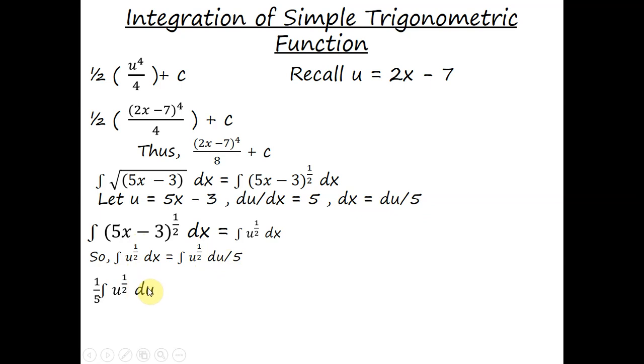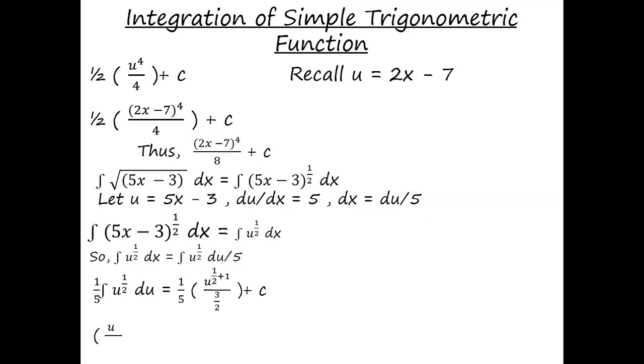We're taking it bit by bit so that you can follow and grasp it. So we have 1 over 5, which is u raised to the power of, we're integrating now, half plus 1 divided by 3 over 2, because 1 over 2 plus 1 is actually 3 over 2, plus our c.